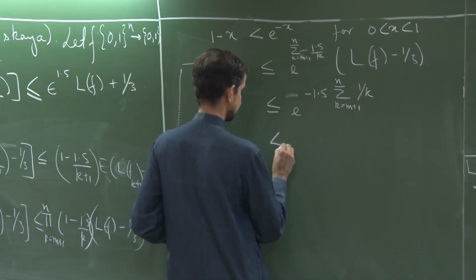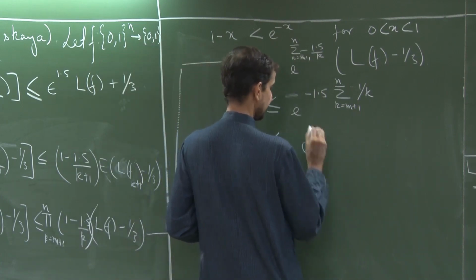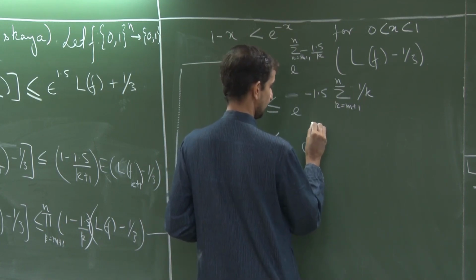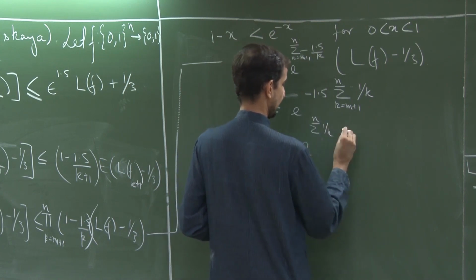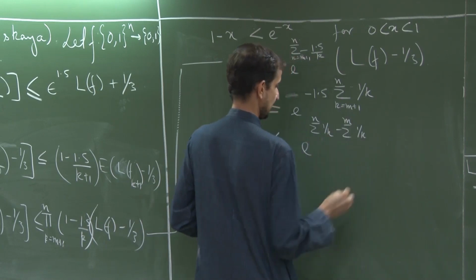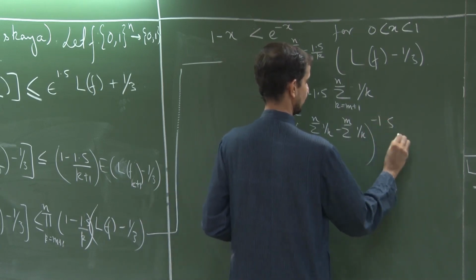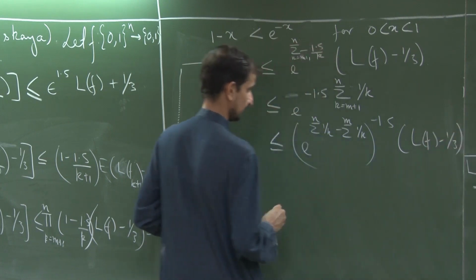So I will use the inequality e to the power of sigma 1 over k going up to n minus sigma 1 over k going up to m, whole to the power minus 1.5, times L of f minus 1/3.